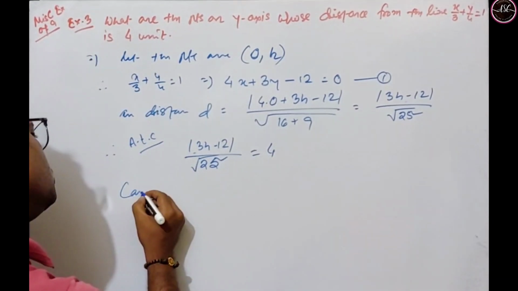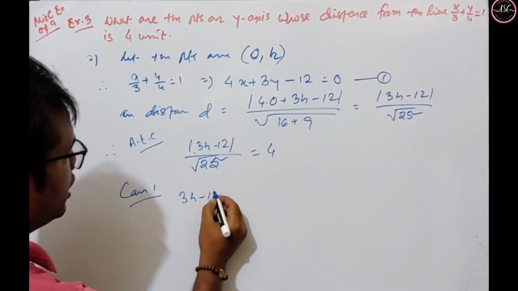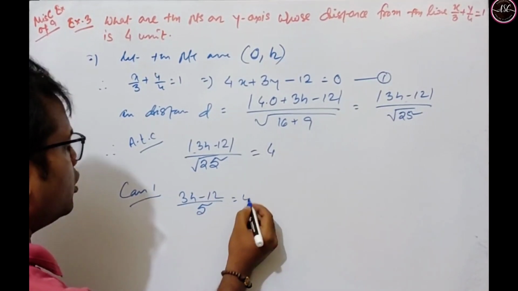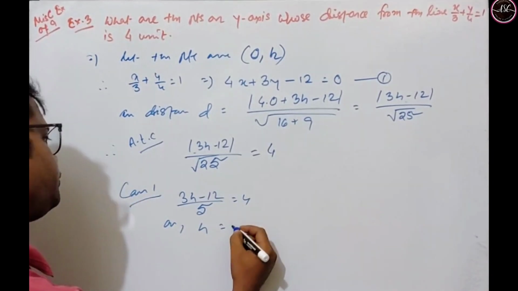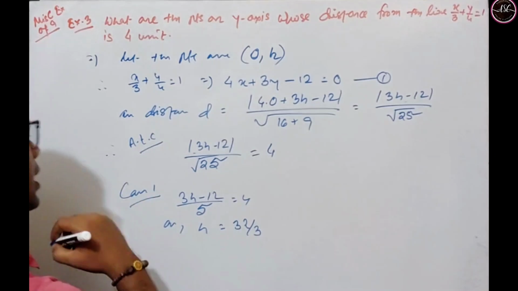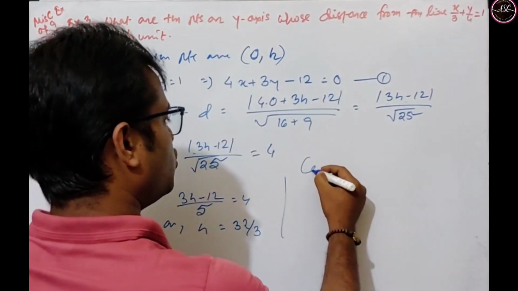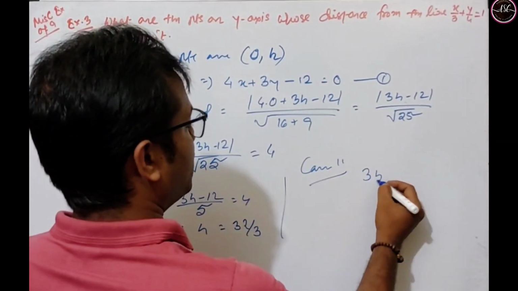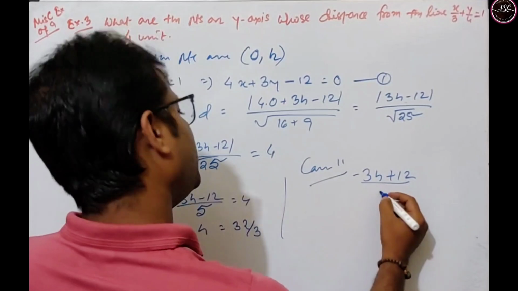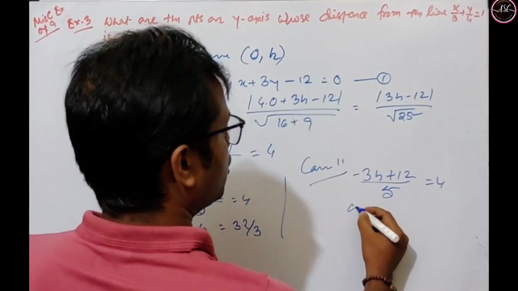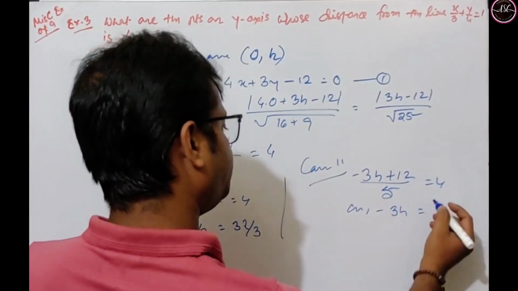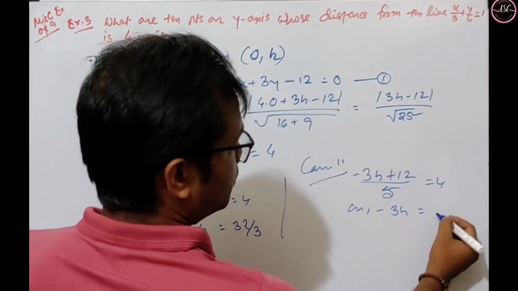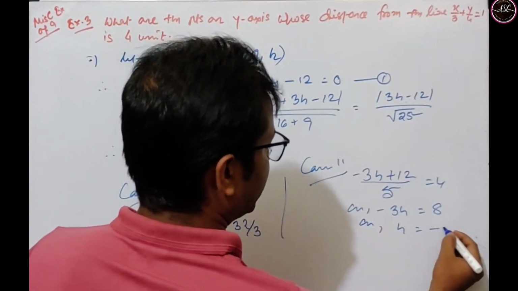So there are two cases. Case 1, 3h minus 12 divided by 5 equal to 4, or h equal to 32 by 3. And case 2, minus 3h plus 12 divided by 5 equal to 4, or minus 3h equal to 20 minus 12, that means 8, or h equal to minus 8 by 3.